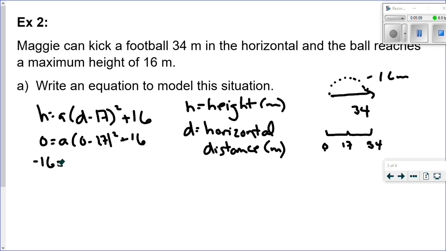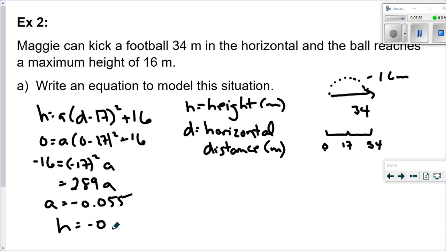And let's start solving for a. And we have an equation.